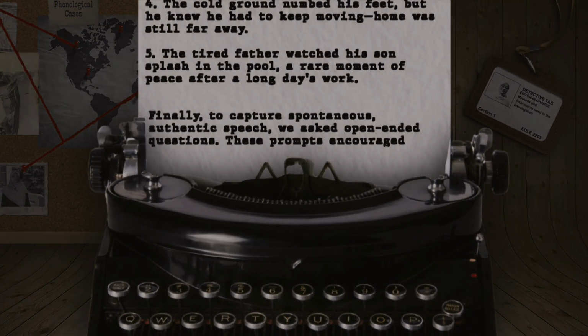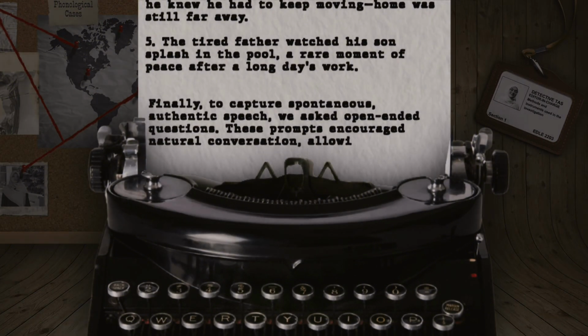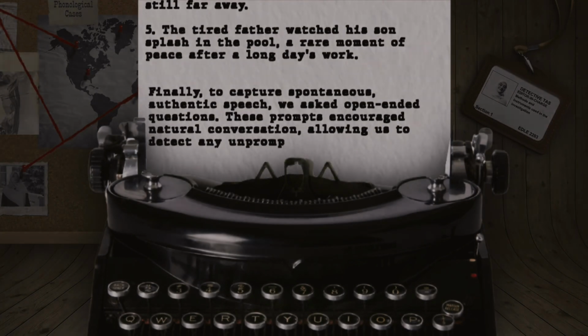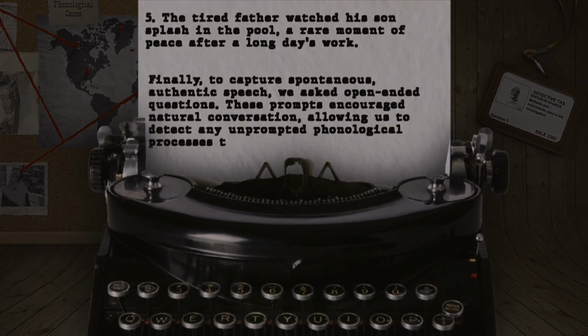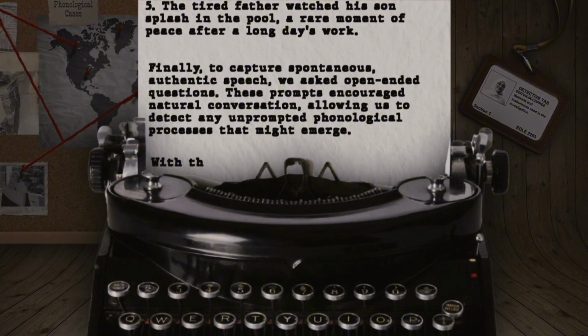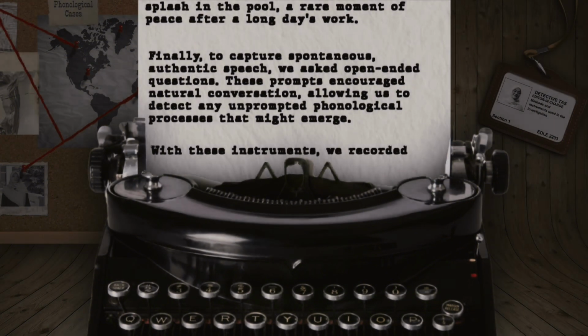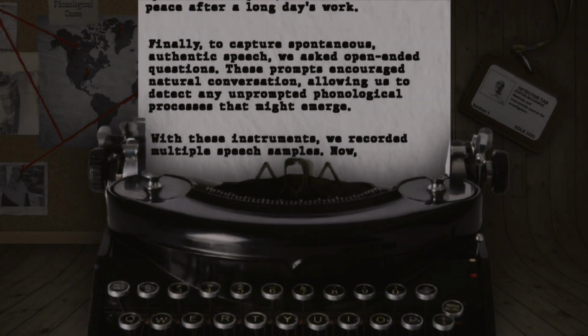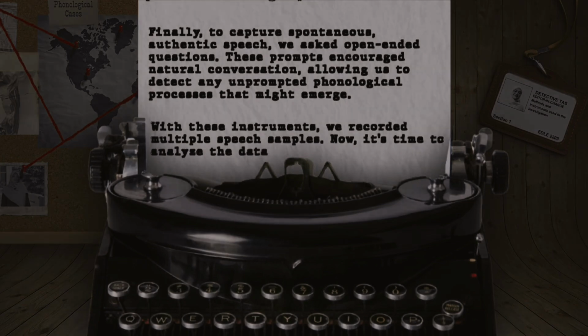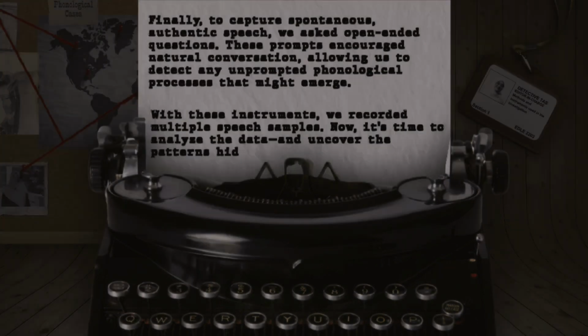These prompts encourage natural conversation, allowing us to detect any unprompted phonological processes that might emerge. With these instruments, we recorded multiple speech samples. Now it's time to analyze the data and uncover the patterns hidden in plain sound.